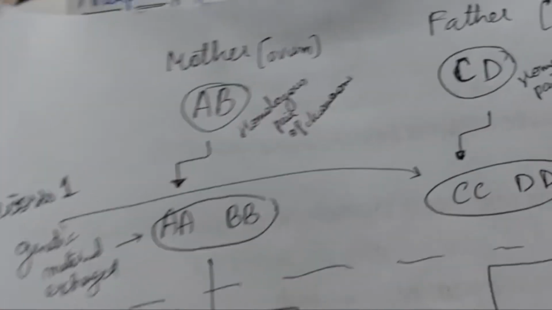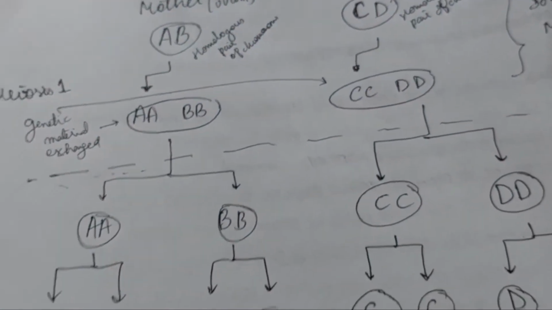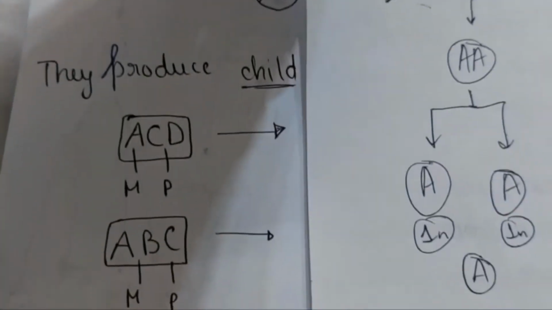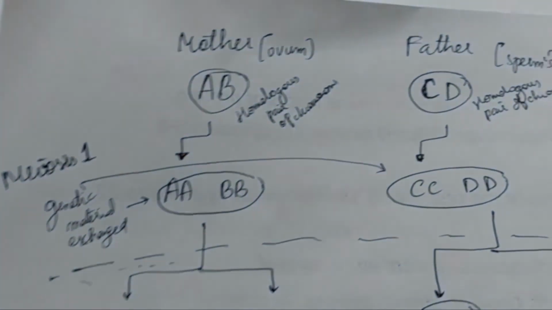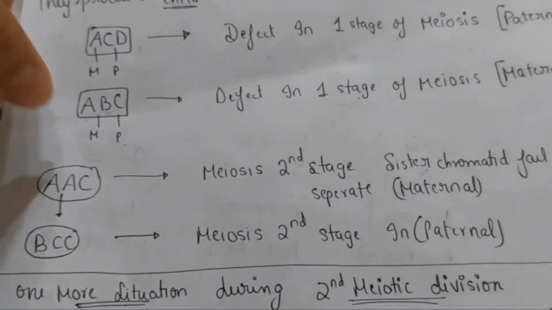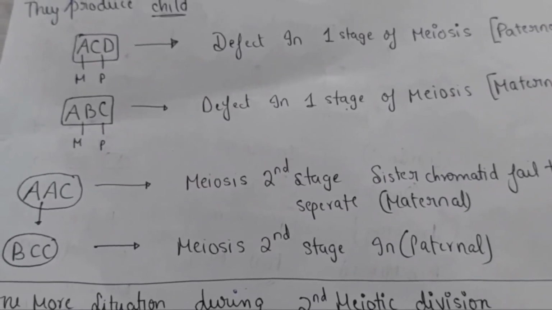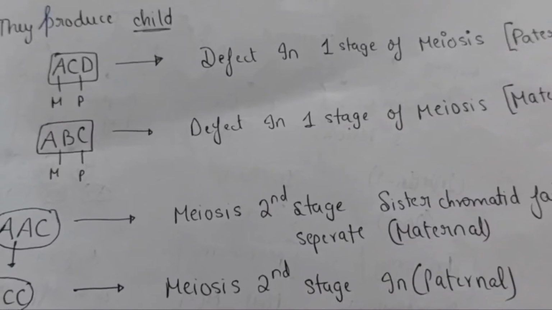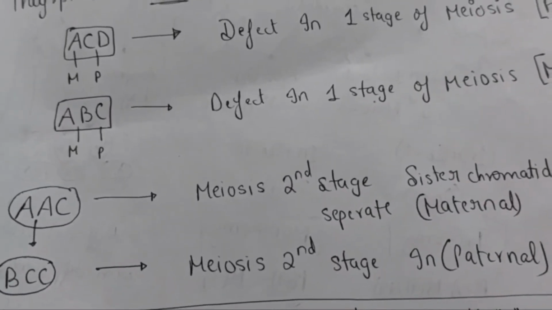Here we remember the mother had A and B gamete possibilities, and if there is an A, B, C genetic makeup of the kid, that means there was a problem with segregation, or non-disjunction, during stage 1 of meiosis in the mother. Then if we have a child with the genetic makeup AAC, this means there was a problem in disjunction during the second stage of meiosis, where the sister chromatids failed to separate from each other in the mother.